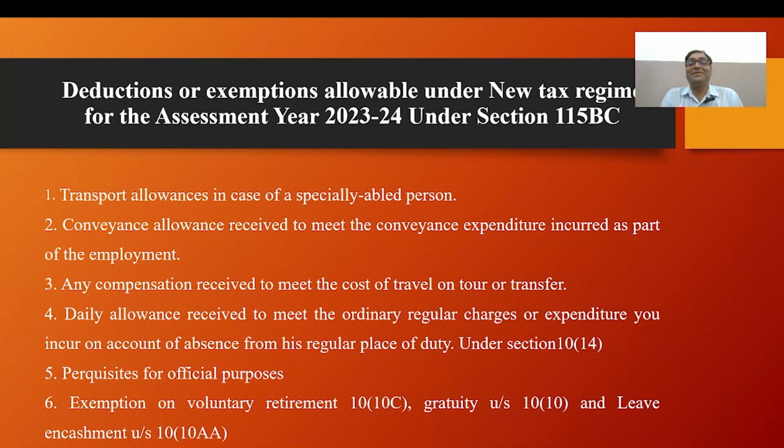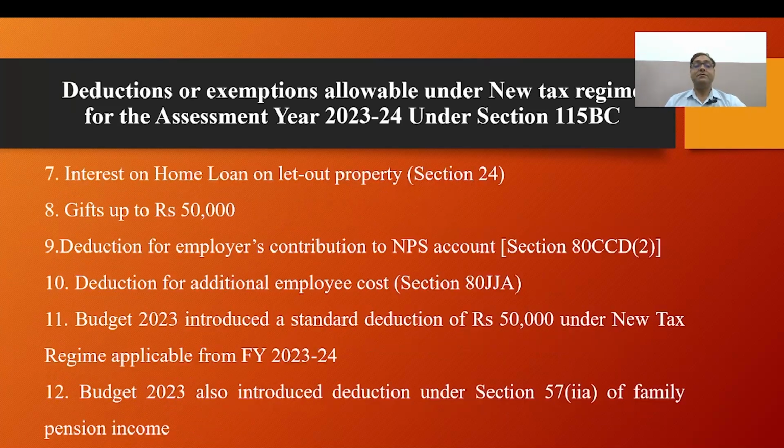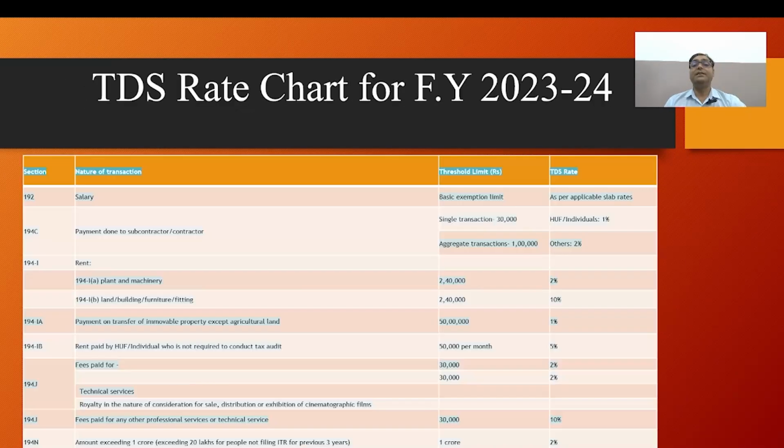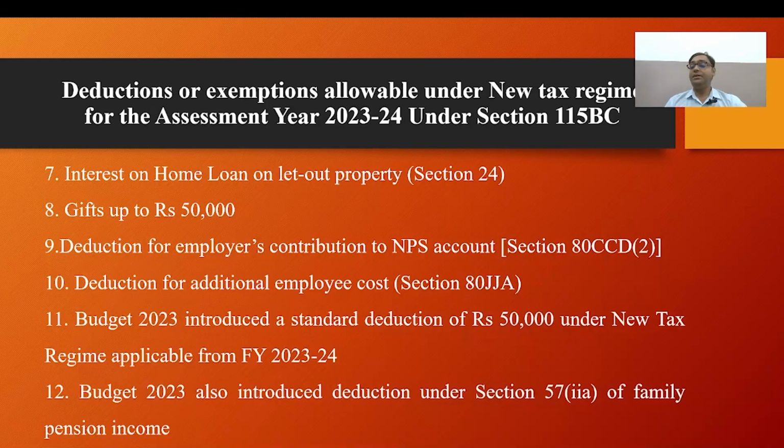Suppose in the army, air force, navy and police, if you take voluntary retirement and you take jobs in another sector, then under the terms and conditions you can take the benefit of the 5 lakh rupees.